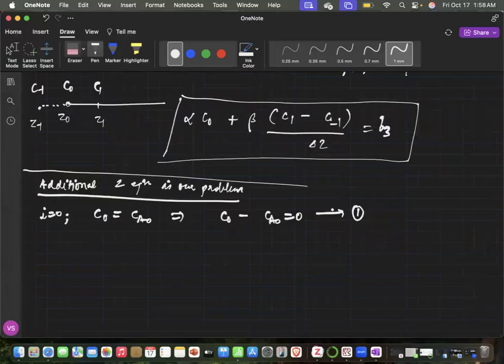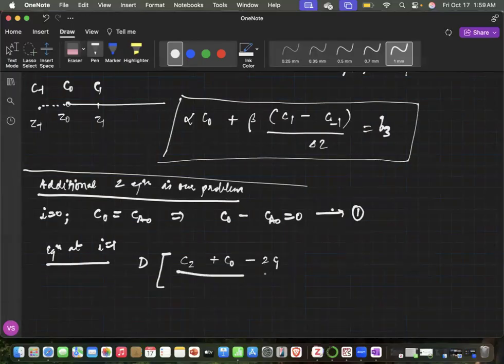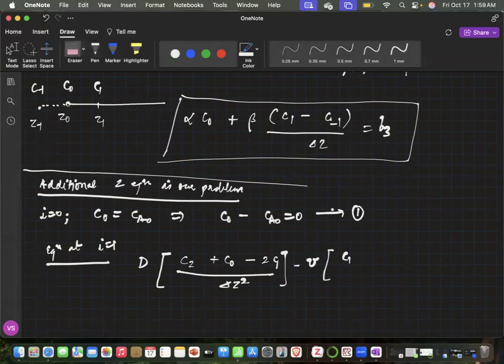So if you write the equation at i equals 1, the equation at i equals 1 is just d (C2 plus C0 minus 2C1) upon delta Z squared, minus V (C2 minus C0) upon delta Z, plus K C1 equals 0.